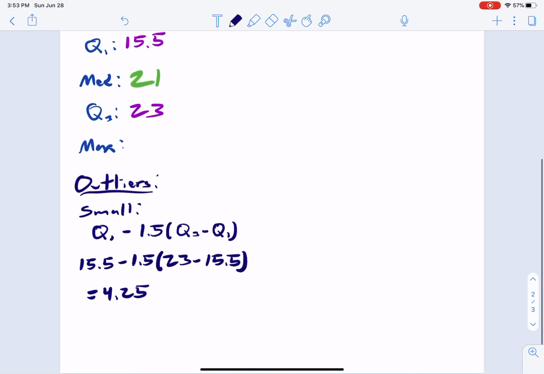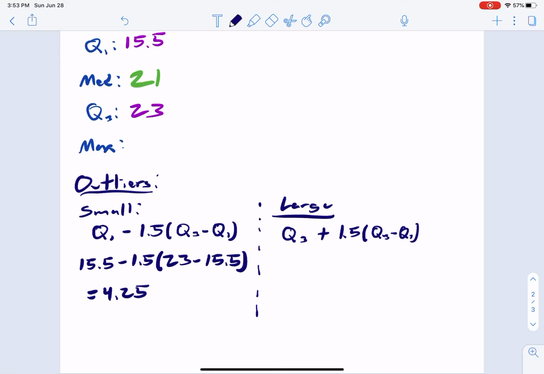And then for the larger outlier, same deal, but we're working with Q3 instead. So Q3 plus 1.5 times the interquartile range, or Q3 minus Q1.